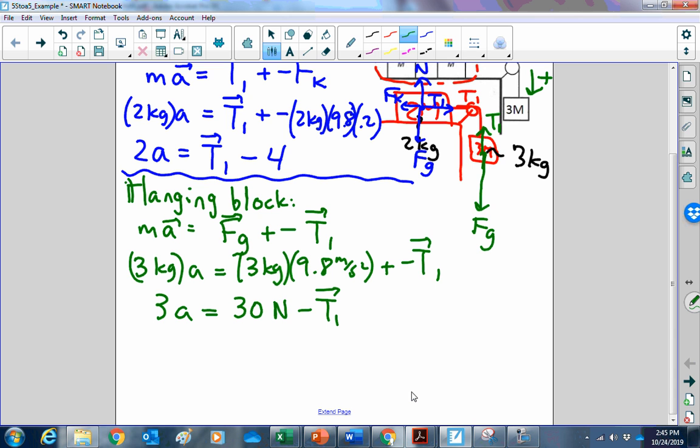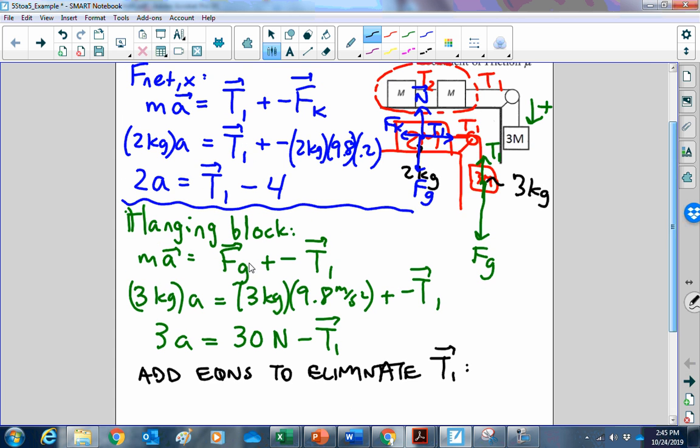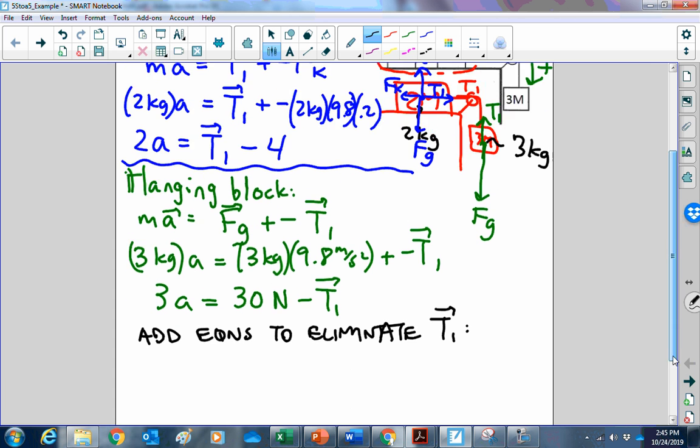In order to solve these simultaneously, I'm going to add the 2 equations. That will help me eliminate T1, because T1 appears with no coefficients, and one of them is positive and one is negative. That's handy.